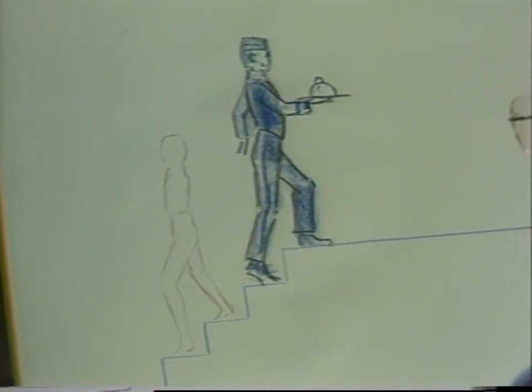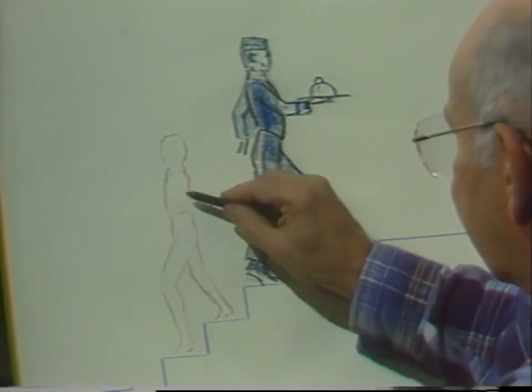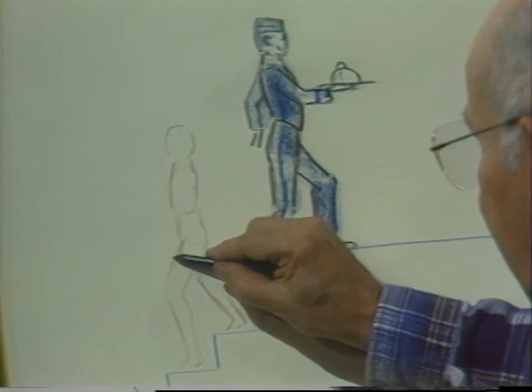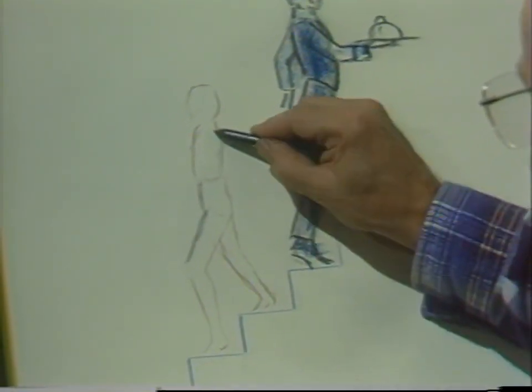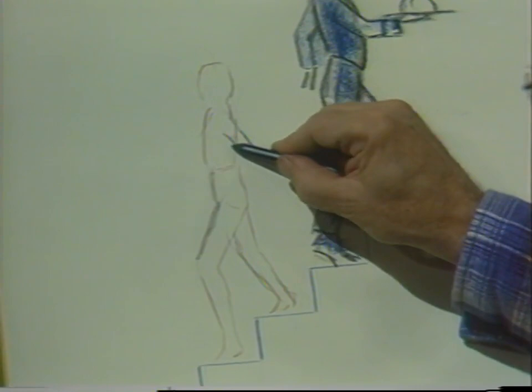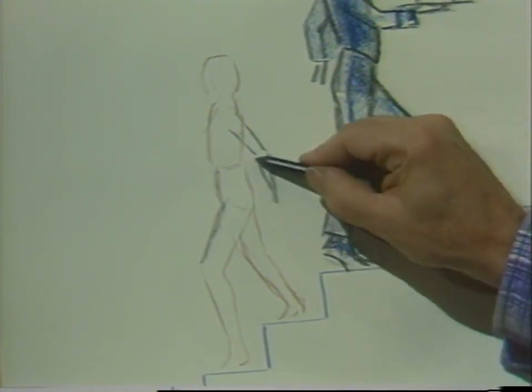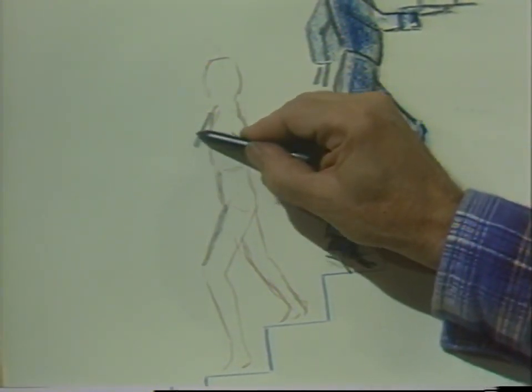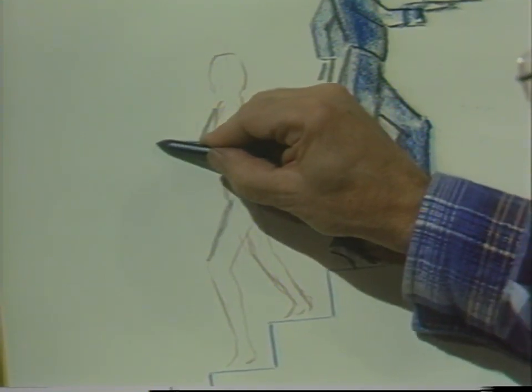Now that's pretty light. Let me take a darker. This leg is forward, so this arm will be back. And this arm will be forward, the far away arm.